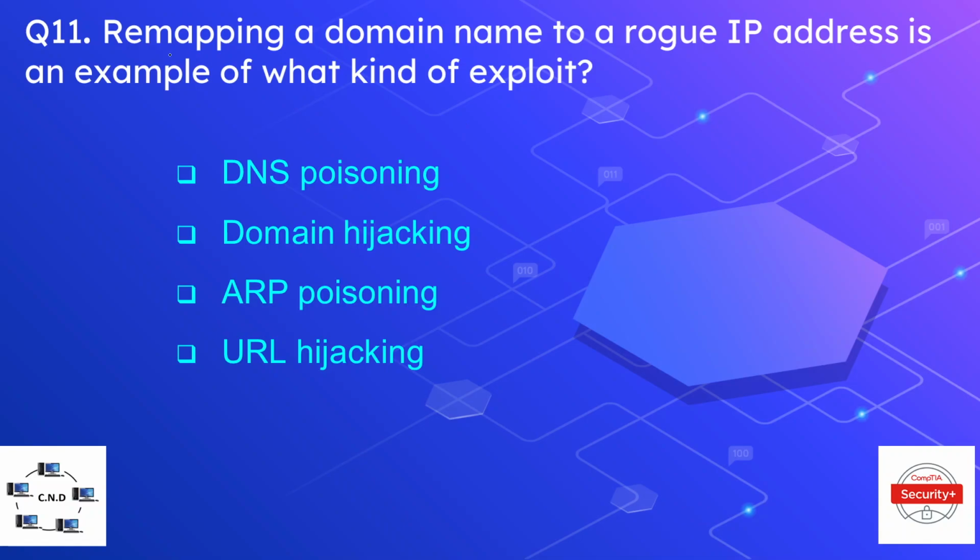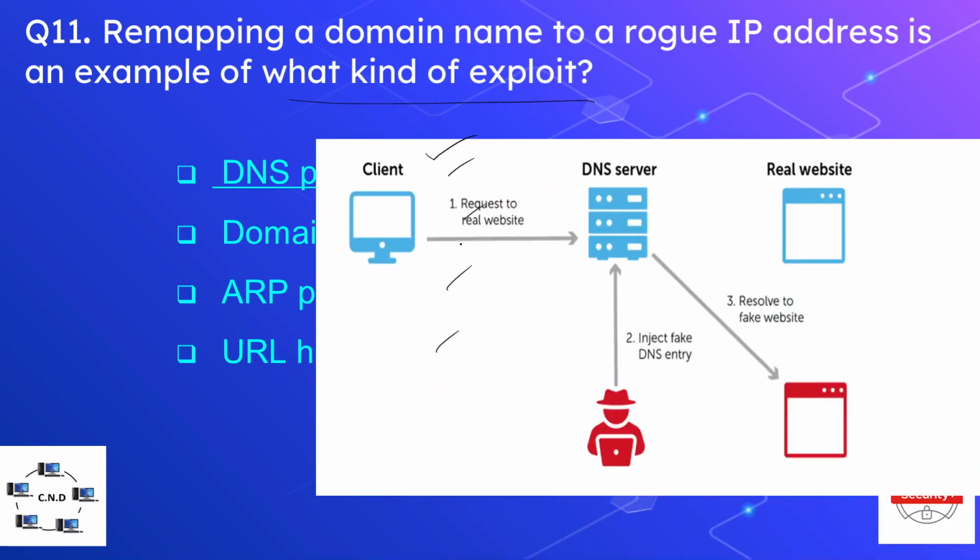Question number 11 is that remapping a domain name to a rogue IP address is an example of what kind of exploit? And the options are DNS poisoning, domain hijacking, ARP poisoning, or URL hijacking. And the correct option is DNS poisoning. So in DNS poisoning, the hacker or the attacker changes the domain to IP address mapping.